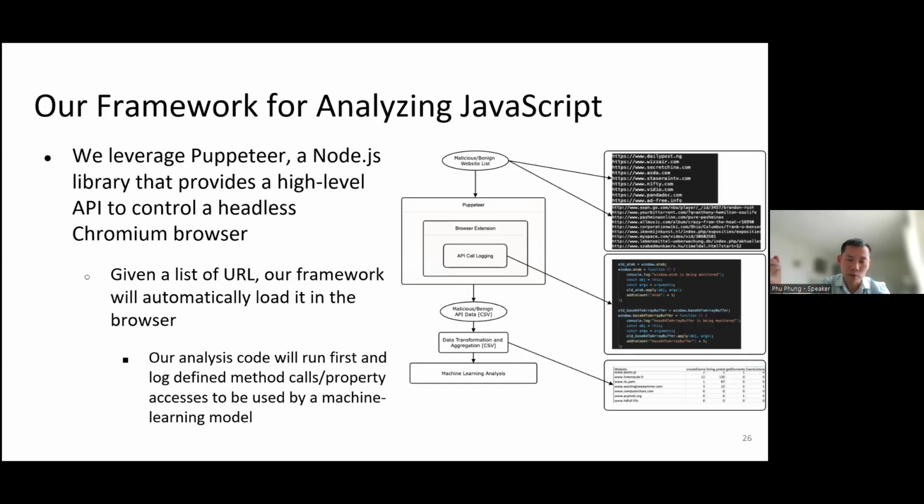We already developed a tool that runs these websites automatically inside the browser, so that we have the browser up and running, and then every time a website runs, we extract the features and store them into a database. The database is just a CSV file, and then we use this CSV file to do machine learning analysis, right?